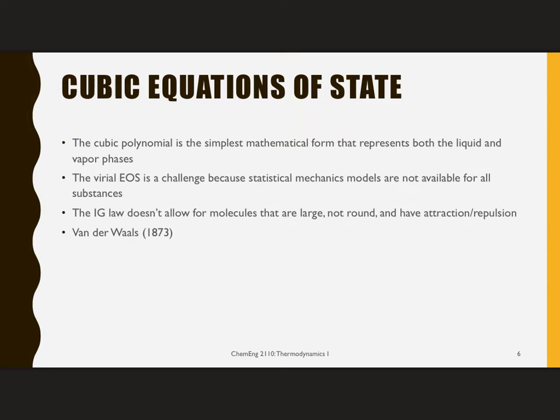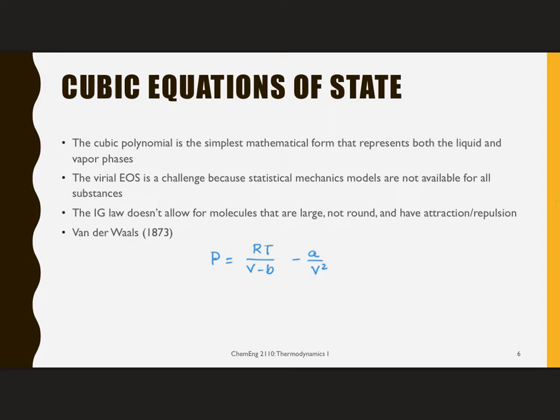So this is our goal, to improve upon the ideal gas law in a way that is reasonably representative of reality. Now, the first one to do this was van der Waals, a Dutch scientist, in 1873, and he developed this equation. P is equal to RT over V minus b, minus a over V squared.